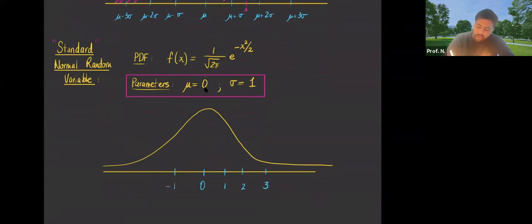All these tick marks that we have. So we're going to take every normal random variable and standardize it, making the mean 0 and the standard deviation 1. And we normally denote the standard normal random variable with the capital letter Z.